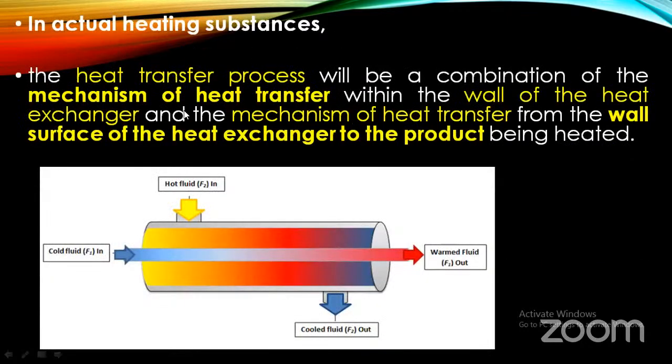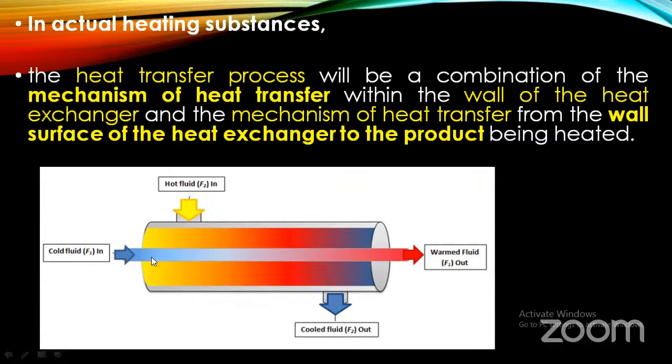So in actual practice, this is a heat exchanger, a shell and tube heat exchanger. So this is the shell, and inside it you have a tube. In the shell, hot fluid enters and gives its heat to the tube and comes out as a cooled fluid at a temperature of TF2.